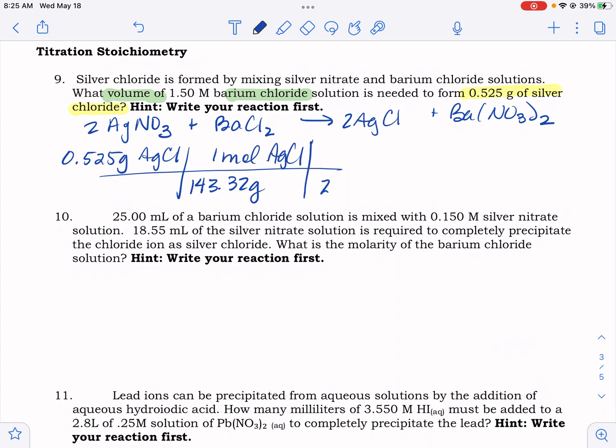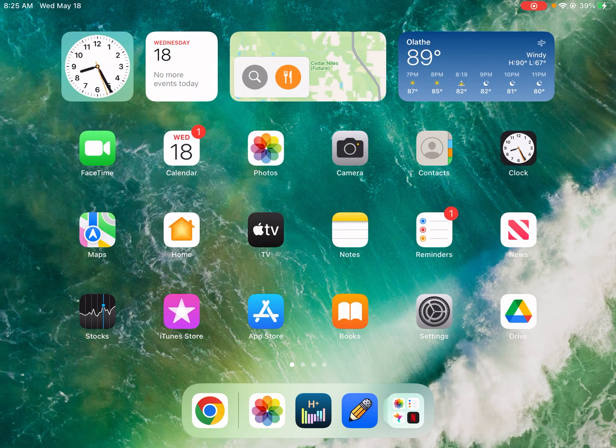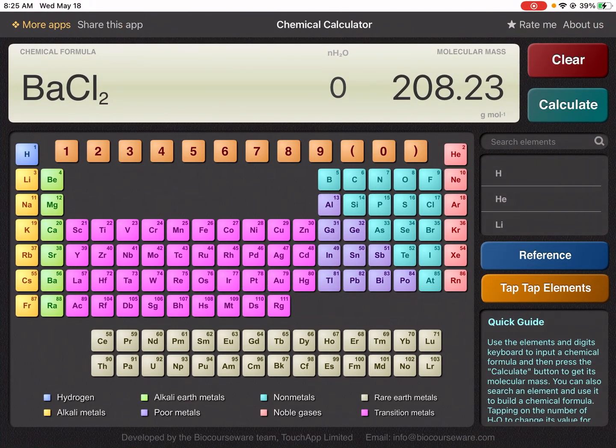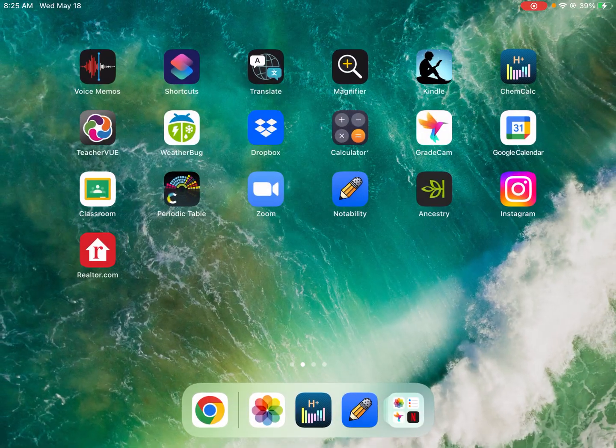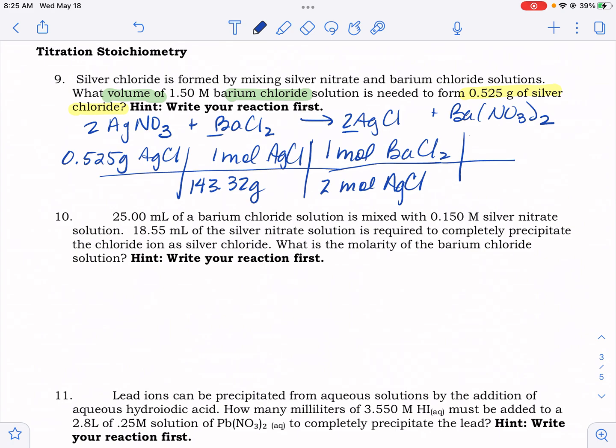I'm going to make 2 moles of silver chloride for every 1 mole, 2 to 1 or 1 to 2 of barium chloride. And the molar mass of barium chloride, 208.23. No, but we don't need molar mass. That's not what we're solving for.